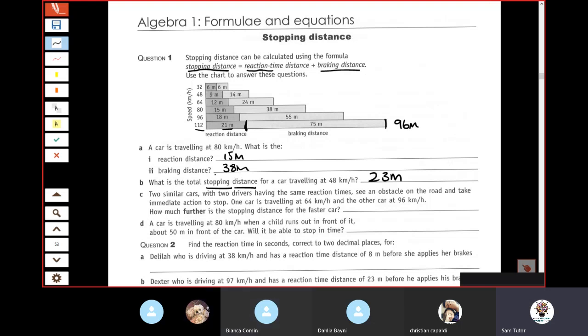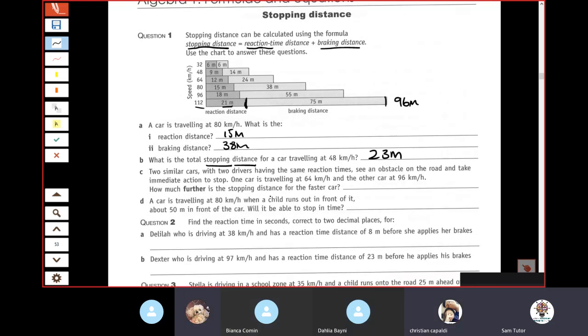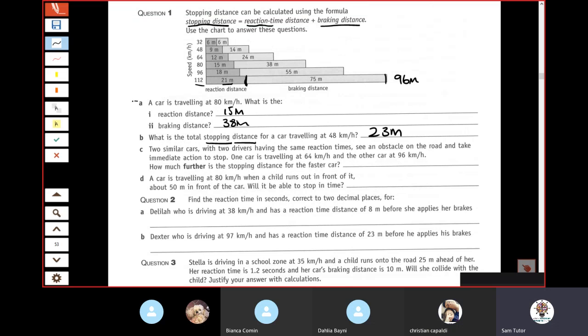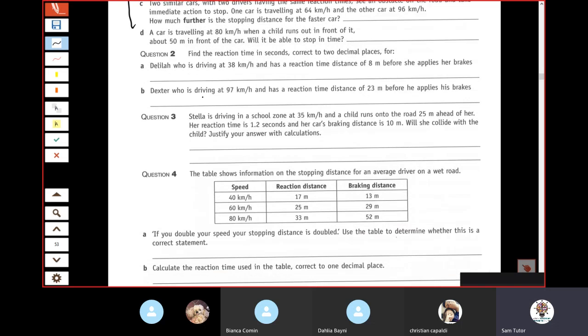Any questions there? All of these will be easy because you're using the chart. You won't be given a chart in your exams, so I'll leave C and D with you for homework. I'll send this on Skype.